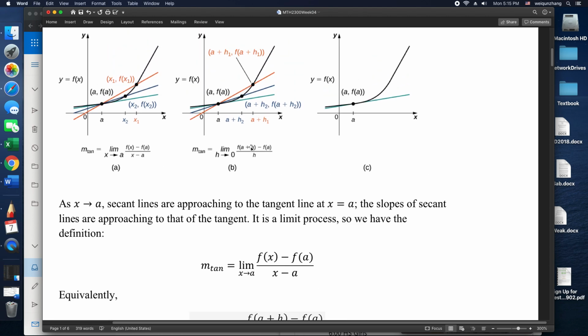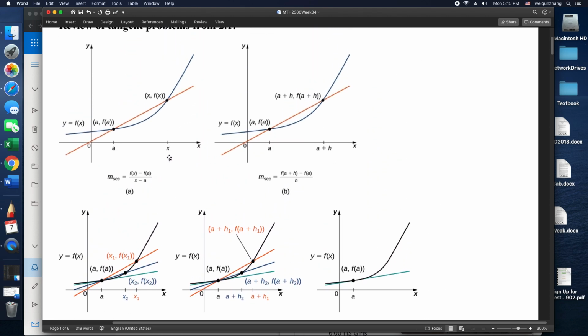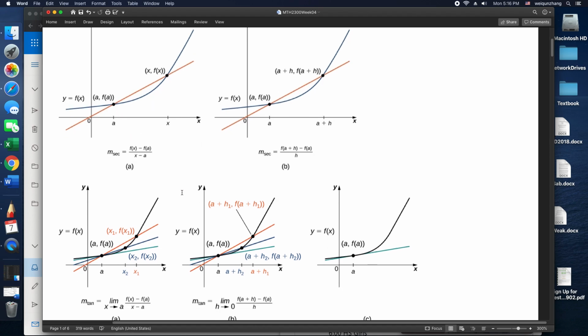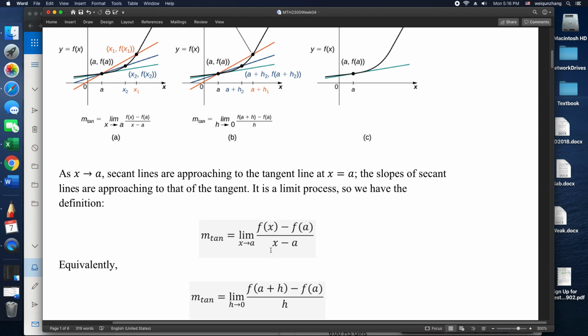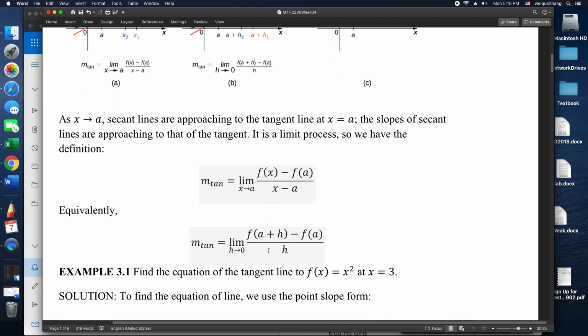They are generated according to those two graphs, which are different representations of the way to choose the other point. But really it is the same idea. The other point will have to be really close to the given point. The slope of the tangent is the limit of the difference quotient.